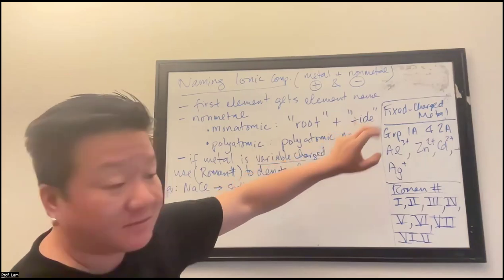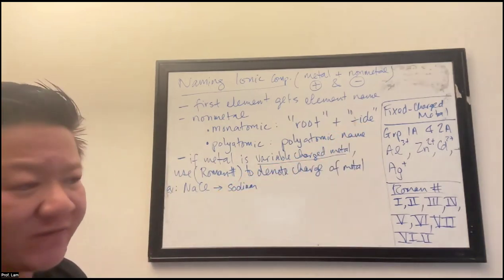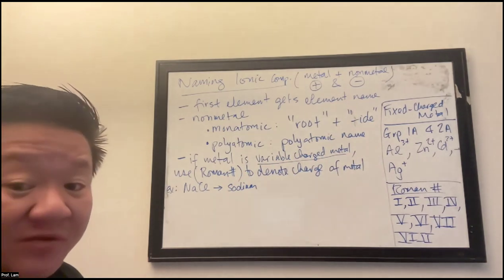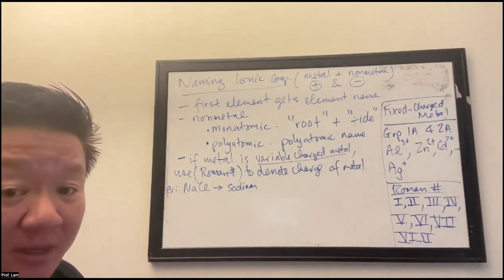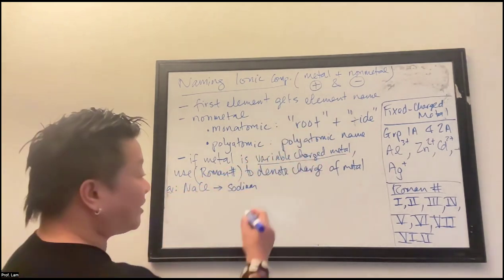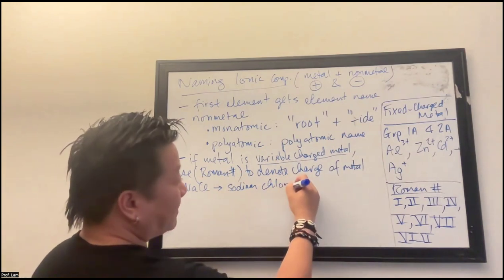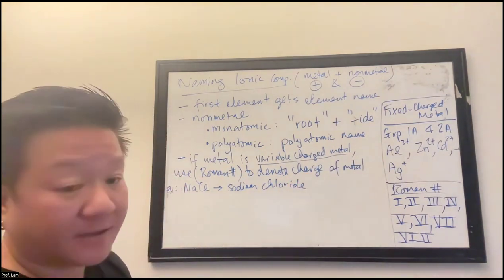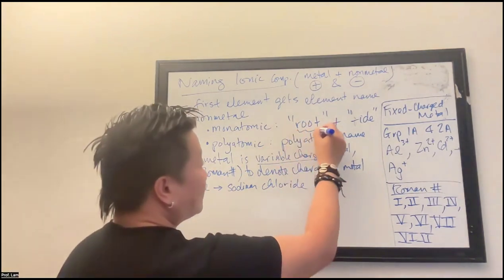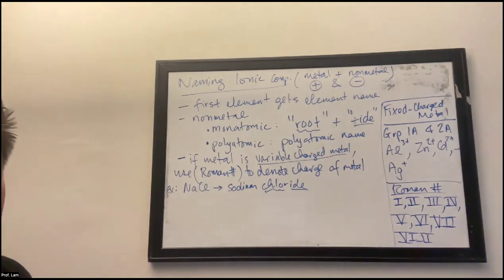And then we're going to change the ending to IDE. It's always IDE. Okay, and I think we have talked about this in previous videos as well, how to name monatomic ions, right? It's always root plus IDE. So sodium, chlor would be your root, right? And IDE. Okay, so that's how it works. There's the root, and there's the ending. Okay.